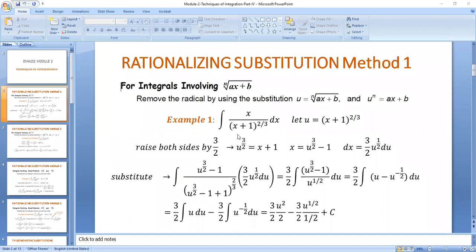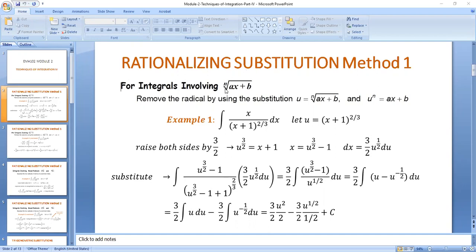So in rationalizing substitution, class, we'll be dealing with integrals that need us to rationalize the expression prior to evaluating the said expression. So under method 1, this is for integrals involving any nth root.